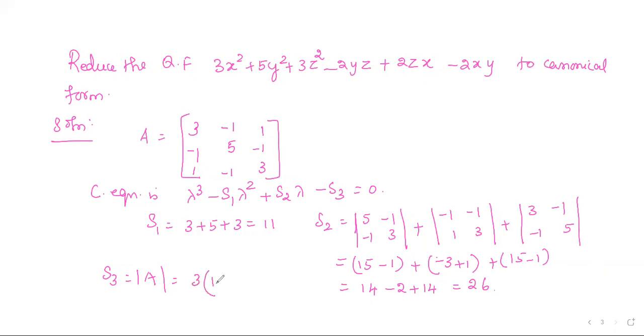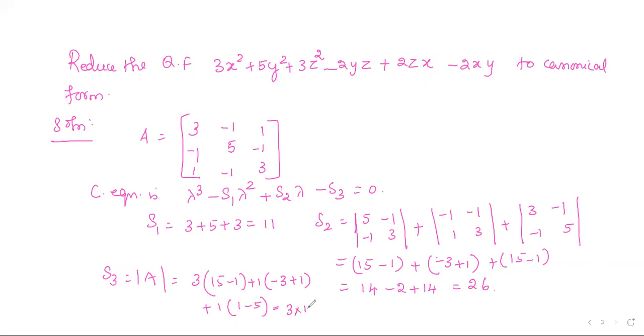So the determinant value you have to find out for the given matrix. So 3 into 15 minus 1, then plus 1 into, leave the first row and second column, you will be getting minus 3, then plus 1. Then plus 1 into, leave the first row and third column, therefore you will be getting 1 minus 5. So this is 14.